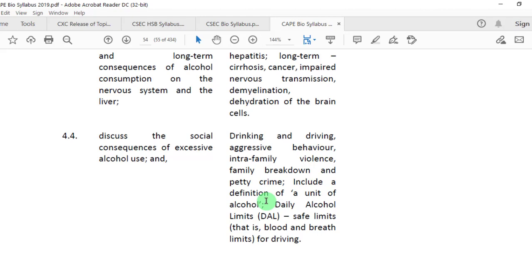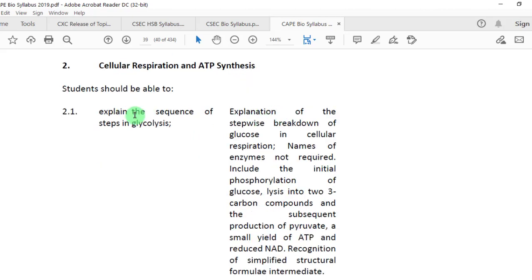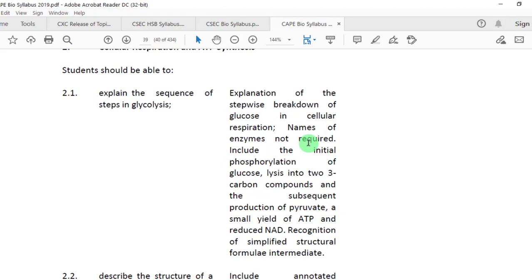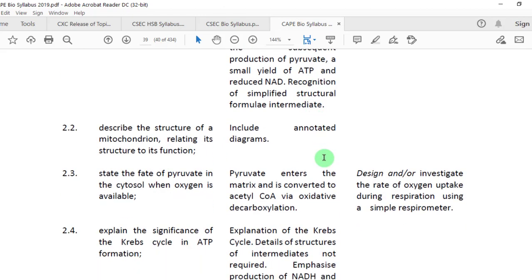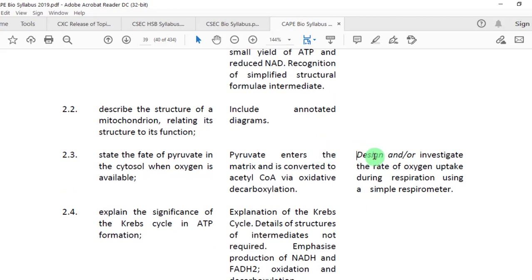So let's see what paper 3 looks like. Paper 3, we're back to cellular respiration. So let's jump back to that. So we're back to cellular respiration and ATP synthesis for paper 3. Remember, paper 3 tends to test practical skills. So yes, study the entire thing, but pay close attention to things like this.